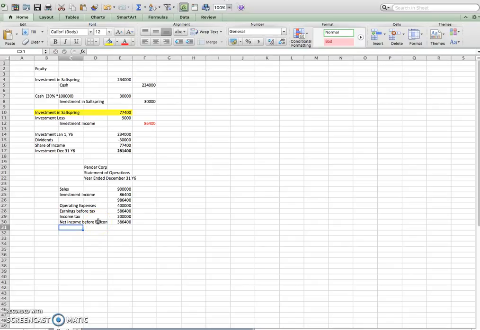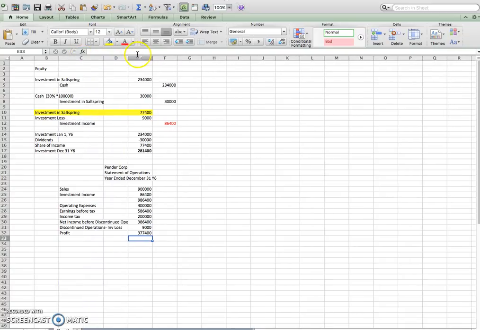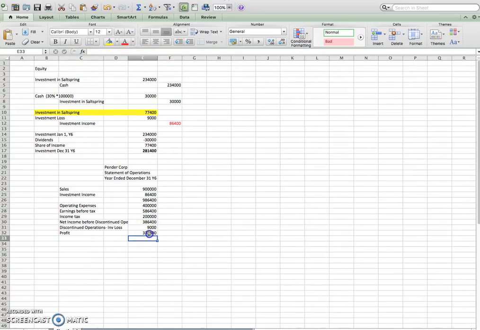After that, we will continue on and get our discontinued operations investment loss in the mix. So discontinued operations, our investment loss, $9,000, and then it gives us our profit of the $386,400 minus our 9. So from here we can make it a little bit prettier and not have stuff so much cut off. This is our final check figure for our statement of operations profit.